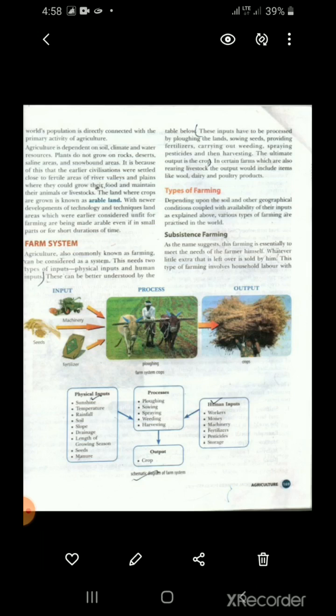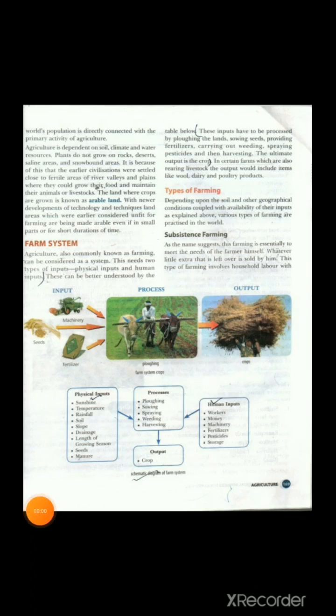In subsistence farming, the land holdings are small and the farmer and his family members work on the farm themselves, and they use small tools for the cultivation. The crop output is small, just enough to sustain the farmer's need. So what is subsistence farming?